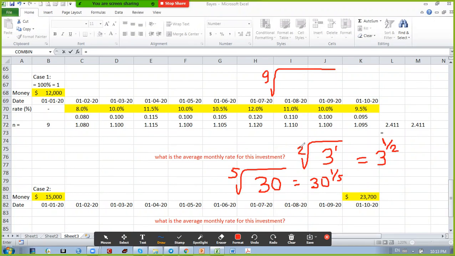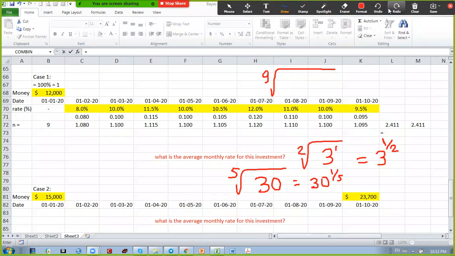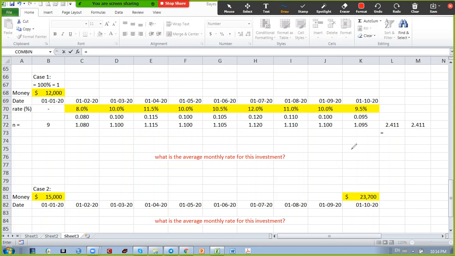Okay, this is in terms of writing, handwriting, but Excel is not that one. Excel uses this. This is power. For example, 3 power 1/2.